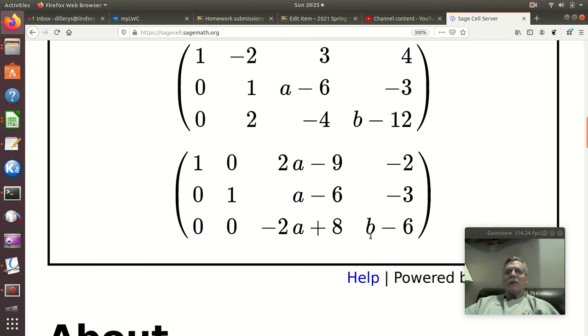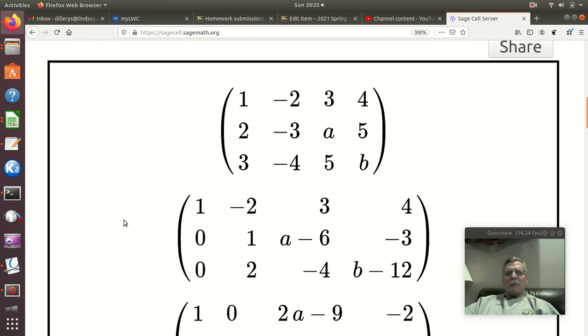And so that's a consistent system if a equals 4 and b equals 6. And then if a is not 4, then we should be able to reduce here, and in that case we will get our unique solution.